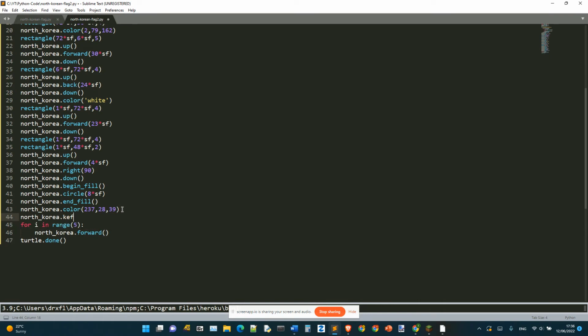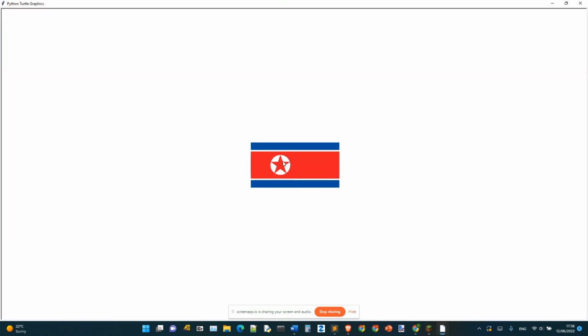North Korea dot left 18. So we need to use a cosine rule here. The length that we need to go forward by is 6. Let's show this original picture. This radius is 8. This is 8.